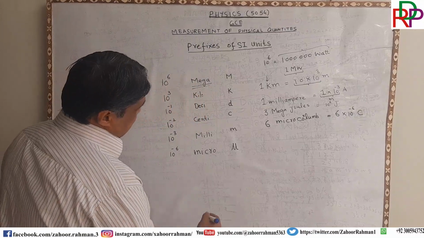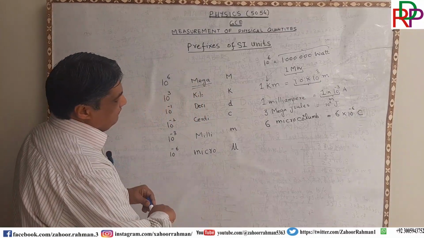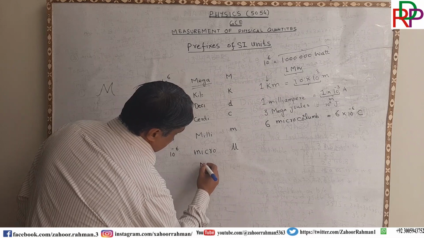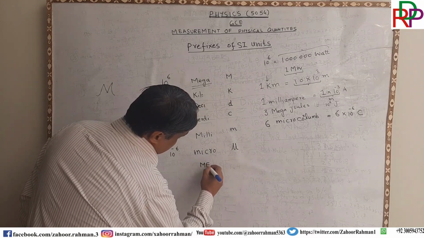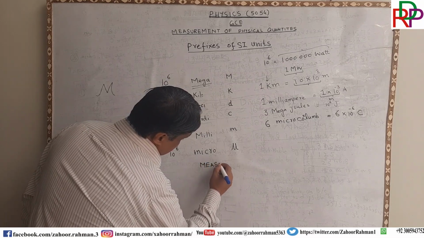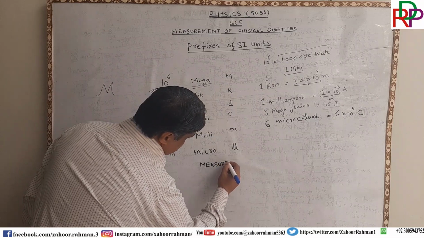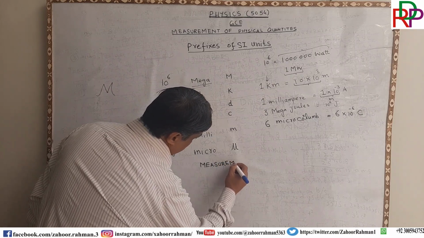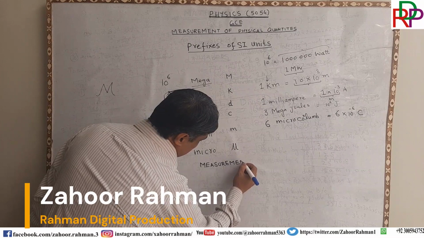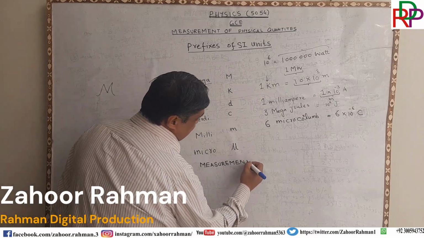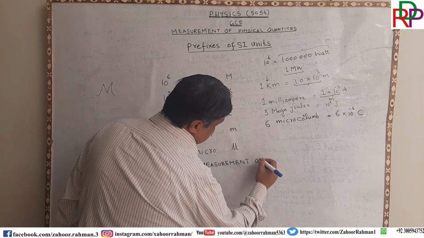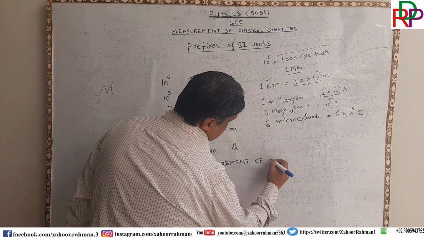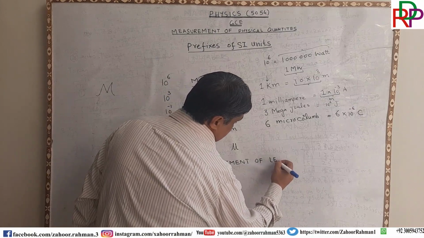Next topic is measurement of length. Ladies and gentlemen, I told you in the first lecture that there are 7 base quantities in physics.